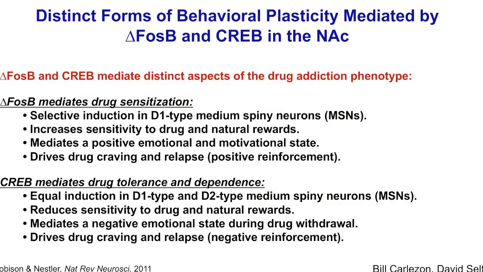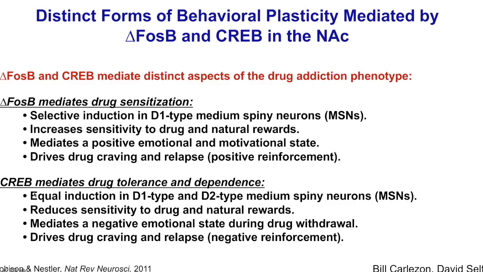When deltaFosB is induced in the D1 type of medium spiny neuron, we have a lot of data that it increases an animal's sensitivity to drug reward, leading to an increase in drug self-administration, as well as inferred craving and relapse, through positive reinforcement. CREB, in many ways, does the opposite.